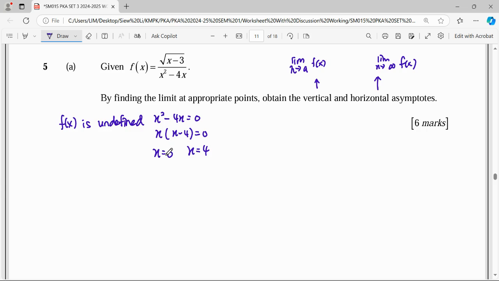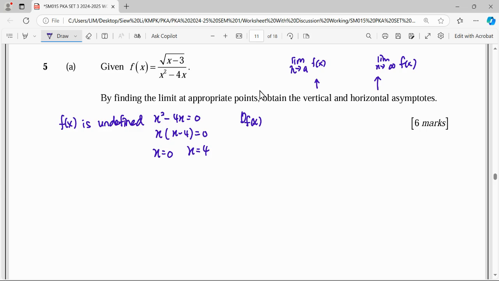And then we see the domain. Alright, domain of the function, iaitu kita nak tahu function kita, graph kita wujud di mana. Ada bahagian yang tak wujud, ada bahagian yang ada graph. If the function is not in the domain, means the limit also cannot be found.